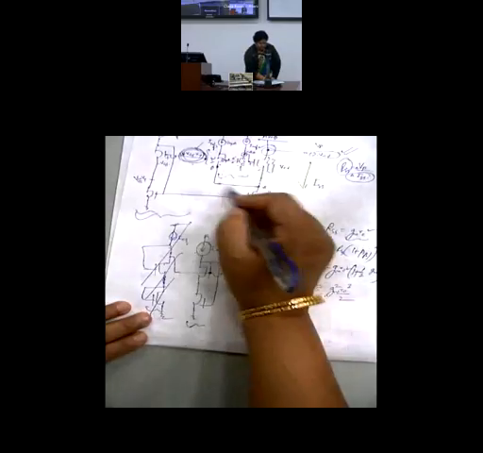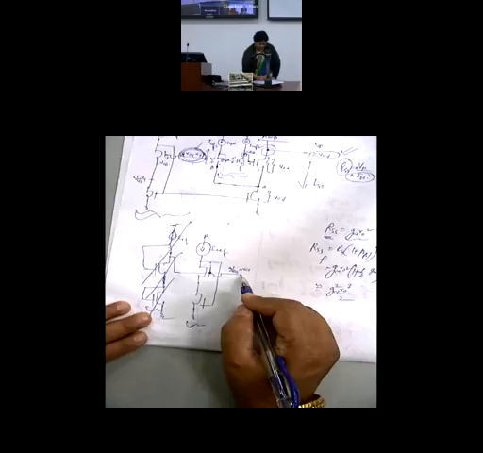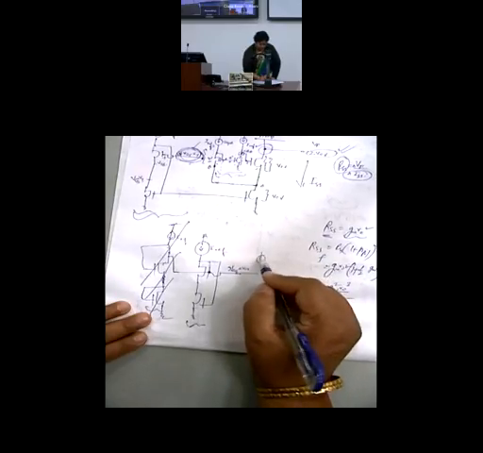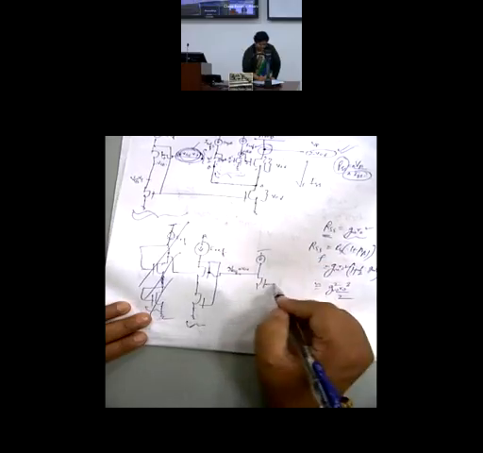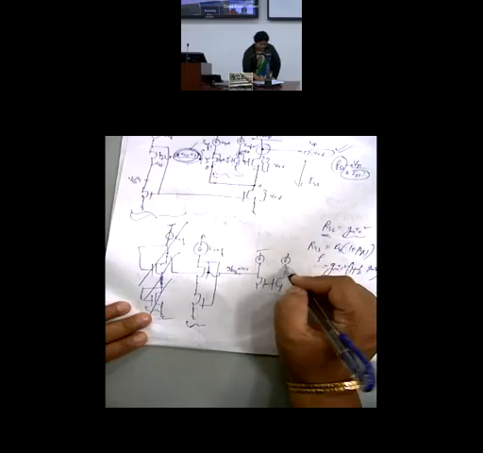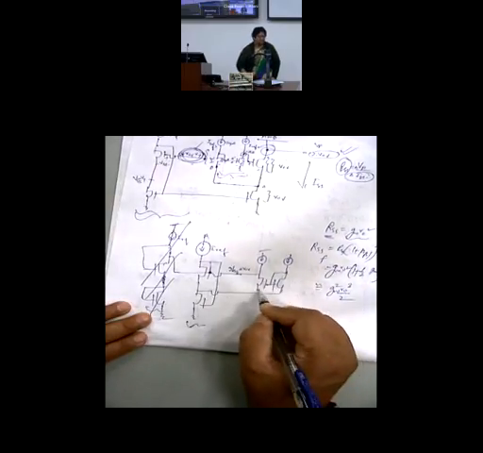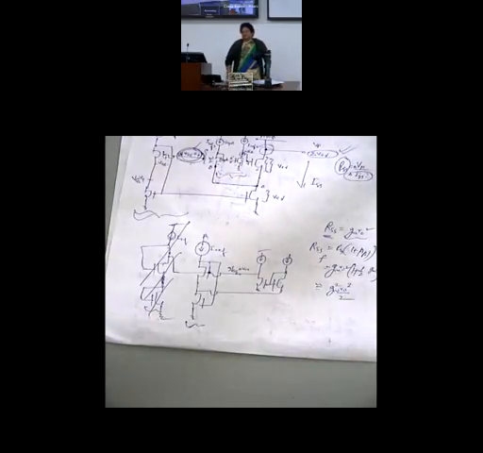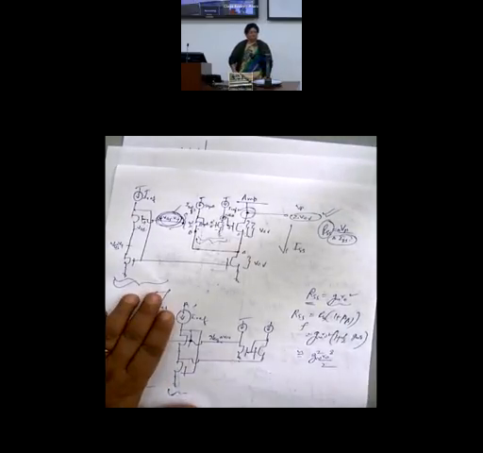I can make the same circuit as I have here. How? It can be a current mirror, a common source amplifier, a diode connection, and this is exactly the same circuit as I have here. I can bring it here. This is not there.